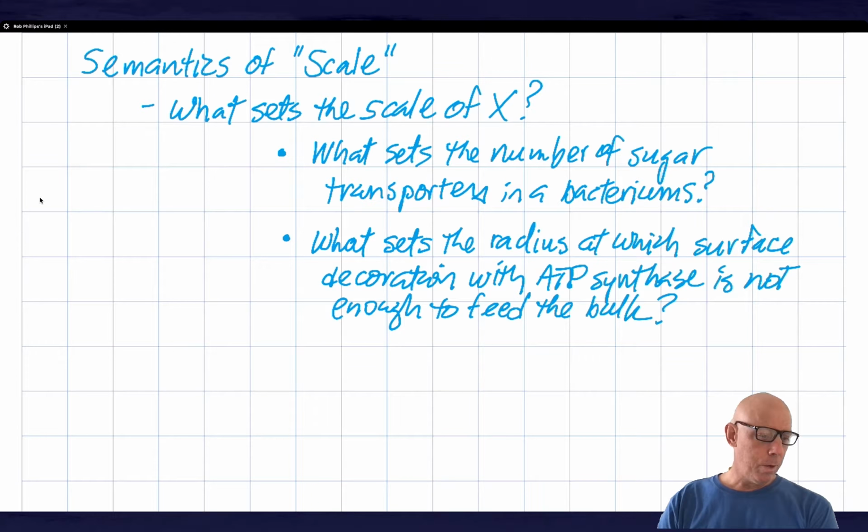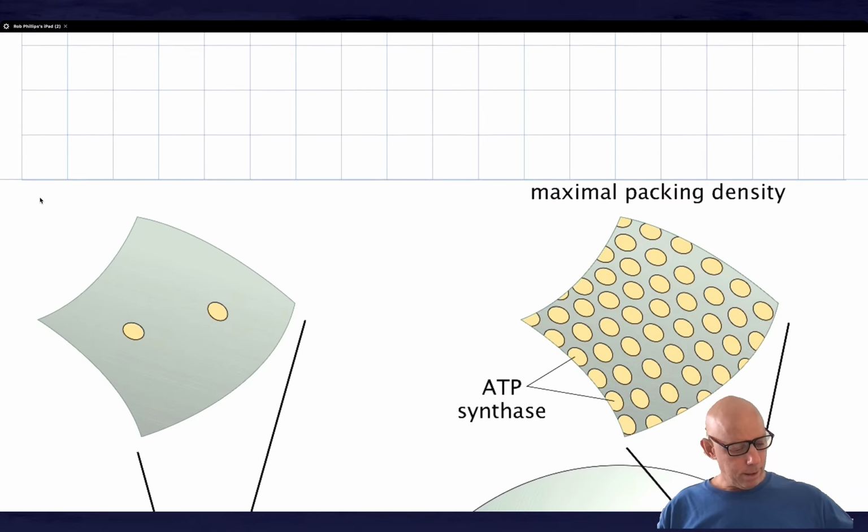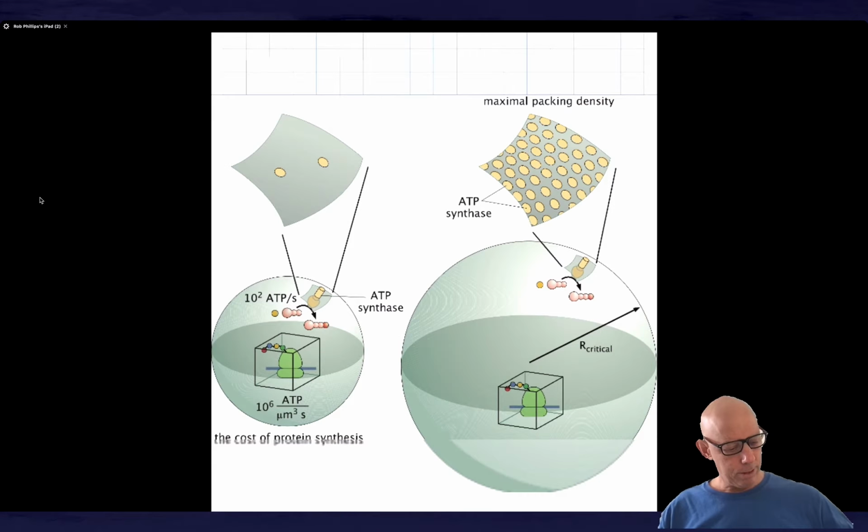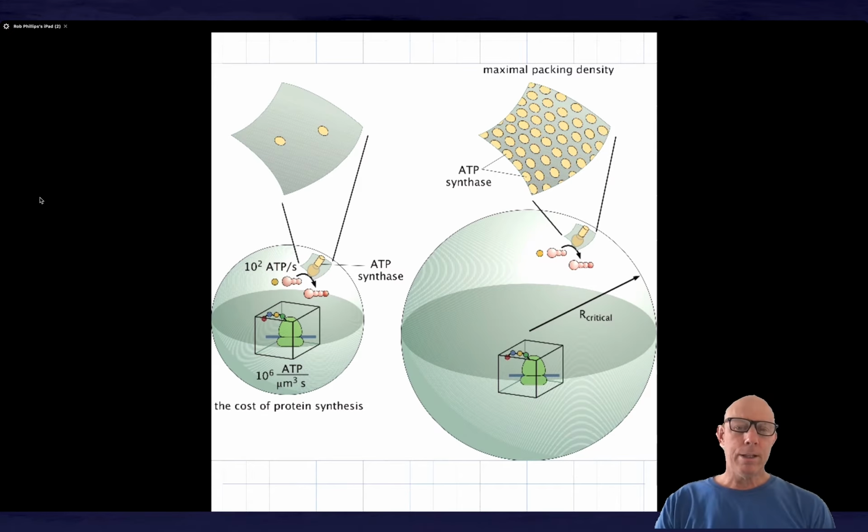And so we know if the ATP synthases live on the surface, that they are producing ATP at some rate. And we addressed the question of how dense must the ATP synthases be in order to feed the needs of all the material on the inside. And this led us to this very deep theme of surface to volume ratio, something that's going to come up again and again throughout the course.